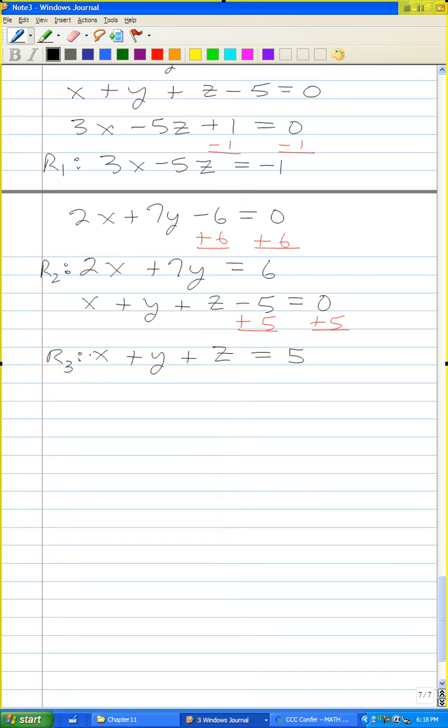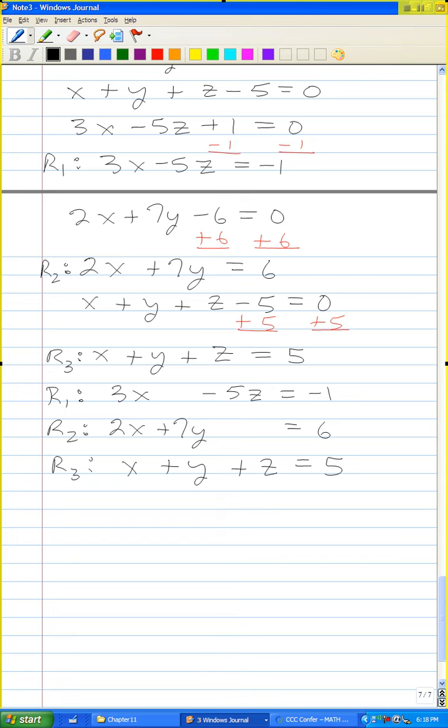So let me list these down. R1, 3x minus 5z equals negative 1. R2, 2x plus 7y equals 6. R3, x plus y plus z equals 5.